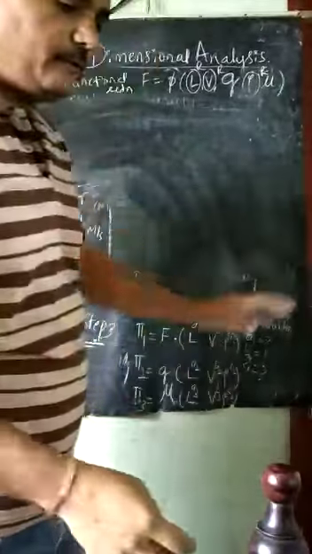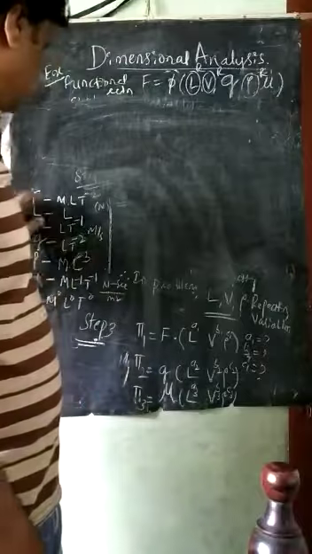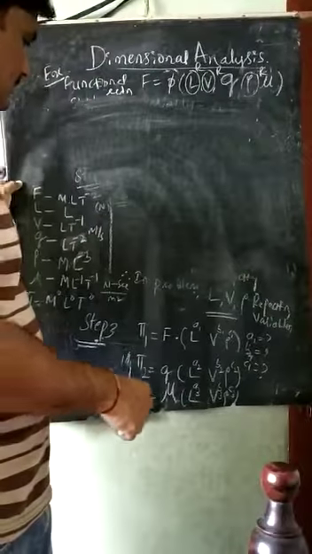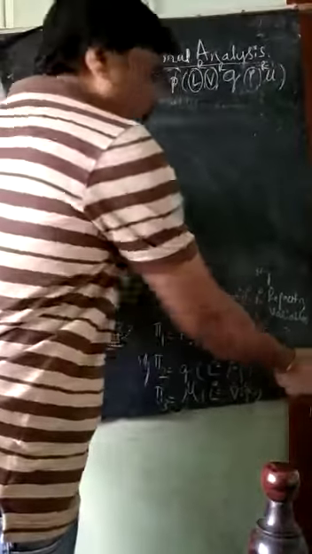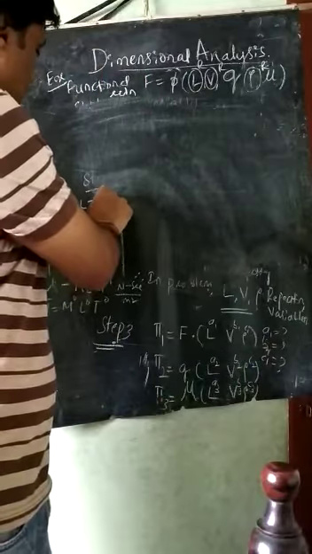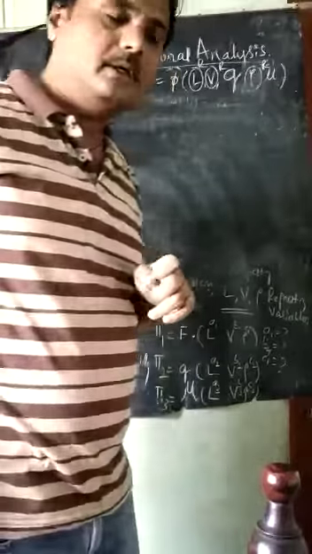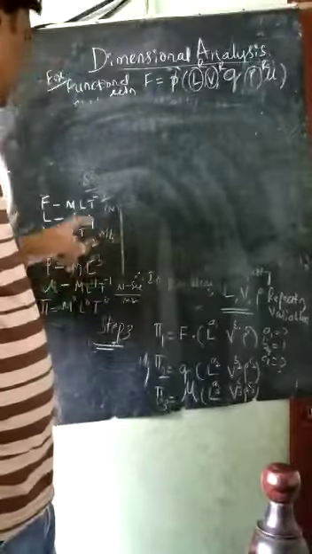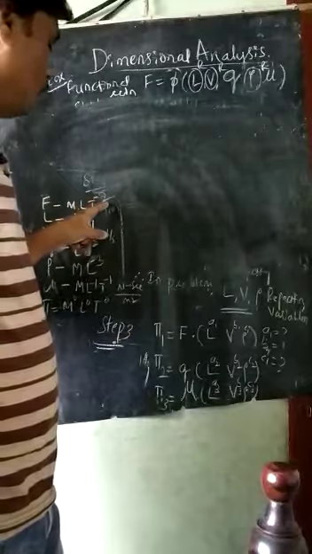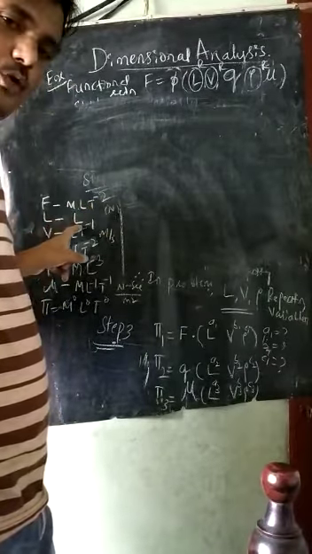For this, it is very important to first write the MLT forms of all the variables. For force, as I have already explained, it is M L T raised to minus 2. For L, it is L only.